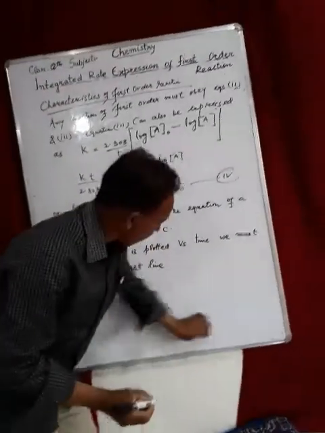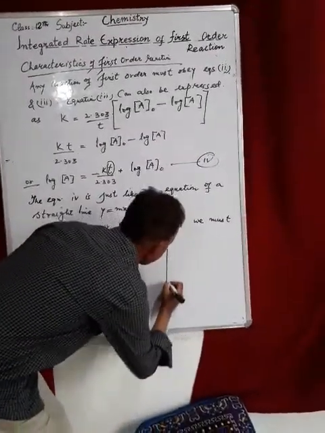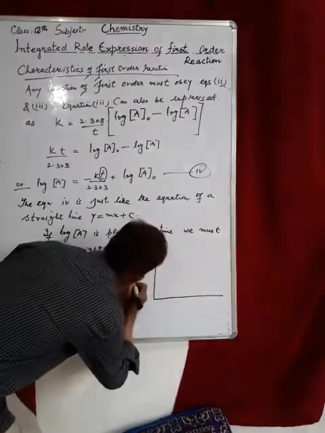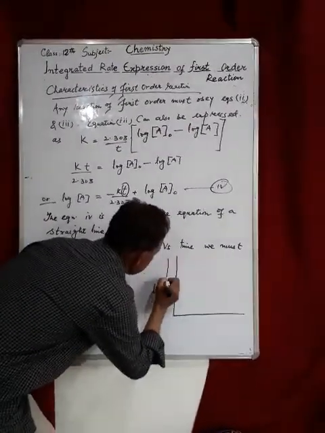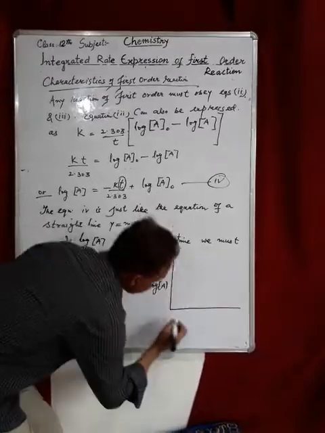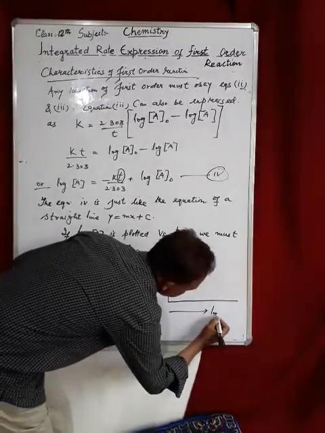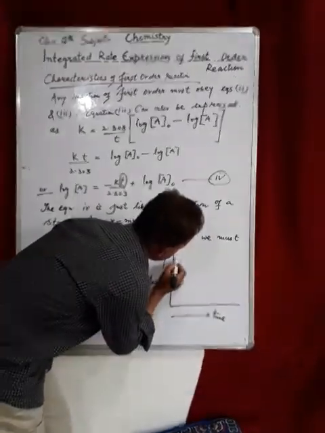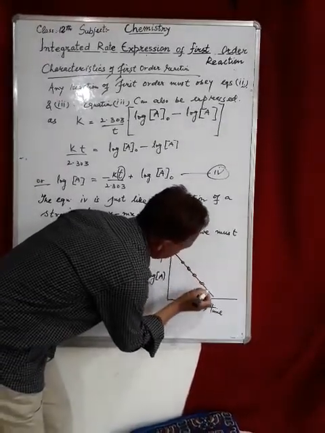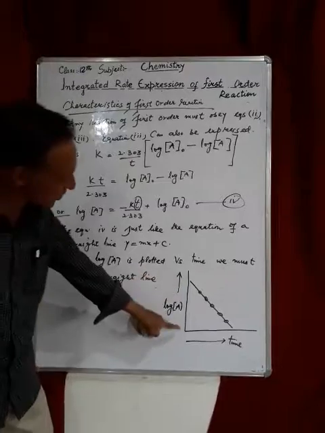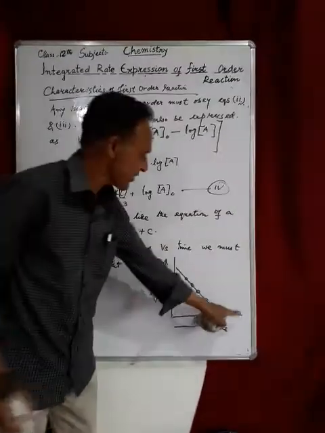So if we plot the value of log a, the variable, which we take along the y-axis, against the time t, we get a straight line. This is the y-axis, this is the x-axis.